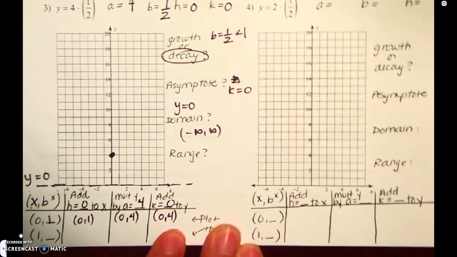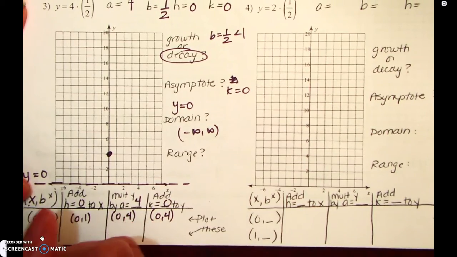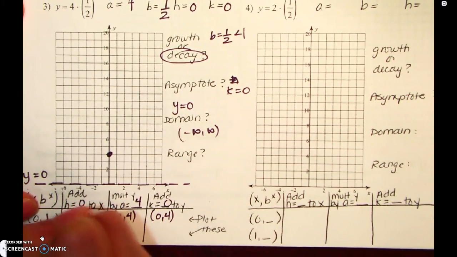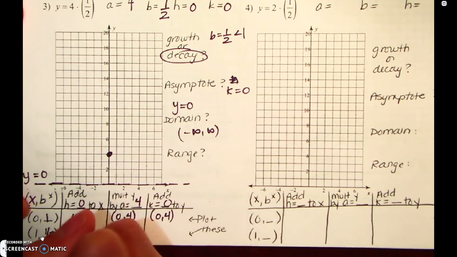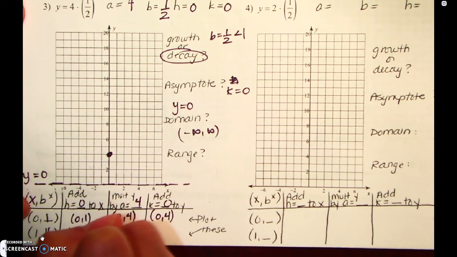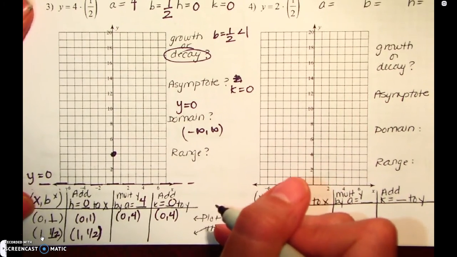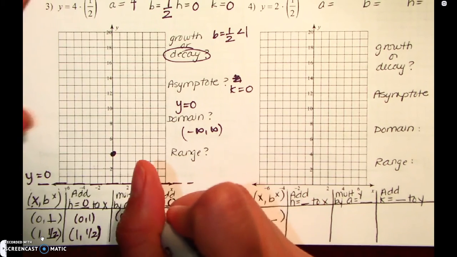And we're going to finish the bottom. Okay, so if I have 1, b, what is the value of b? In this case, it is 1/2. So it says I'm going to add 0 to x. In this case, x is 1, so 0 plus 1 is just 1. So we get the same thing again. And then the next thing I'm going to do is multiply y by 4.